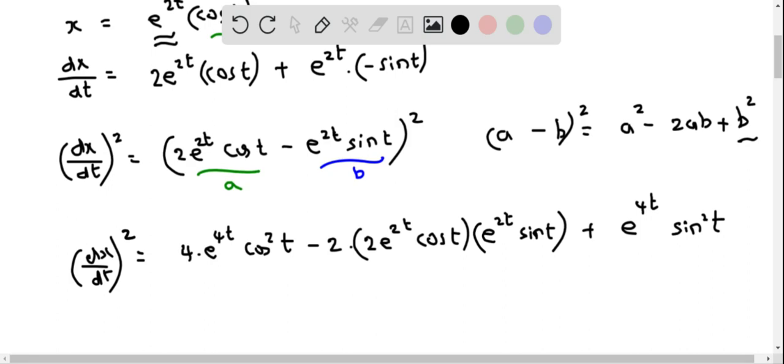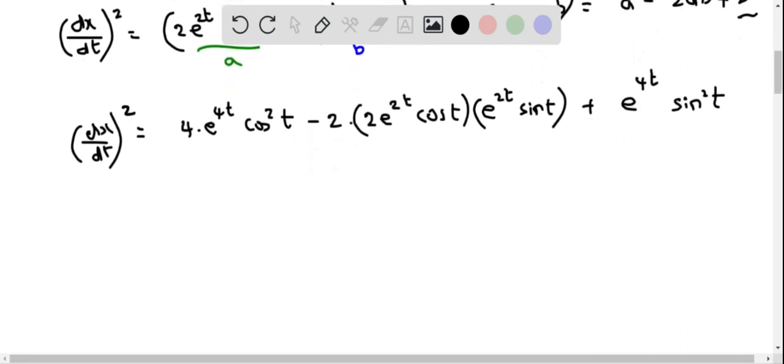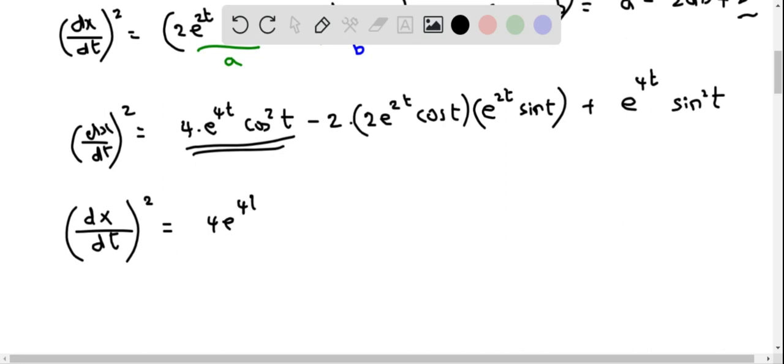In fact, this can be simplified a little further. So (dx/dt) squared equals 4 e^(4t) cos squared t.